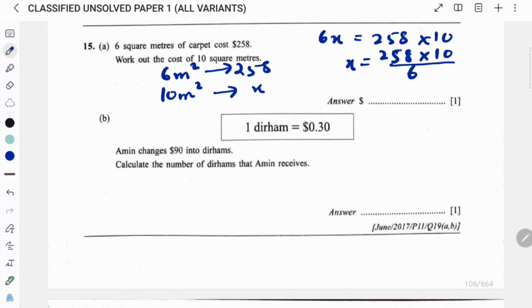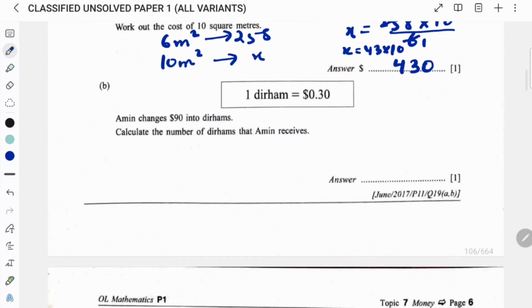Now cancel it. 258 divided by 6: 6 4s are 24, and 3 6s are 18, giving 43. x is 43 times 10, which is equal to 430.